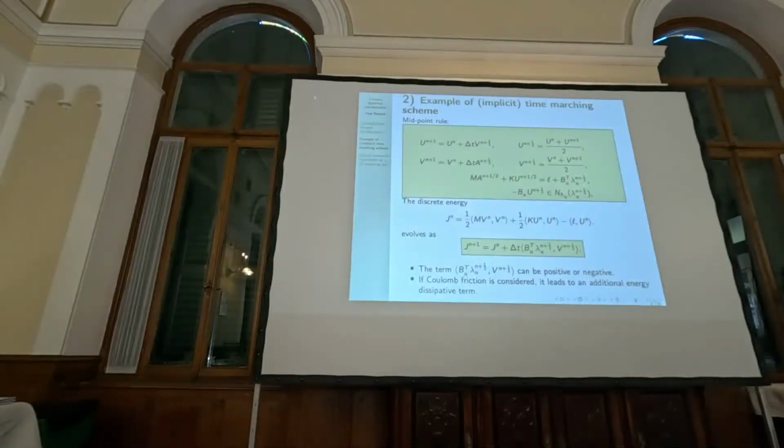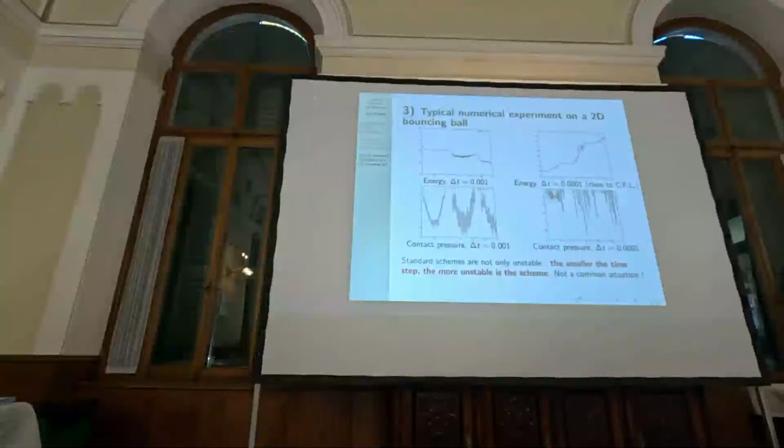And if you test this, here is a numerical test on a 2D bouncing ball, a ball which is bouncing on a rigid obstacle. You can see on the top the evolution of energy, and on the bottom, the evolution of the contact stress at the lowest point of the ball.